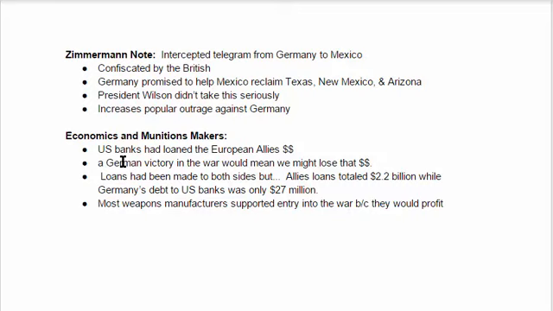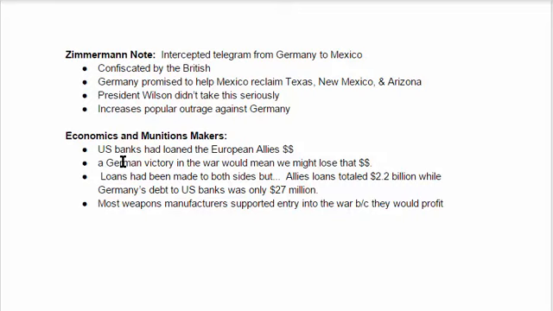And you combine that with the fact that we had loaned lots of money. So down here where it says economic and munitions makers, we had loaned lots of money to our European allies. We'd basically been trading with both sides, but the vast majority of the money was going to Britain.